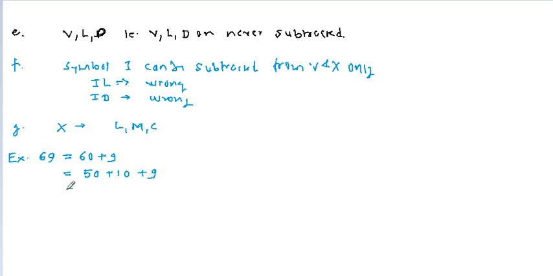For 50 we use L, for 10 we use X, and 9 can be written as IX. So the total number becomes LXIX. So this is how a regular number can be written in the Roman numeral system.